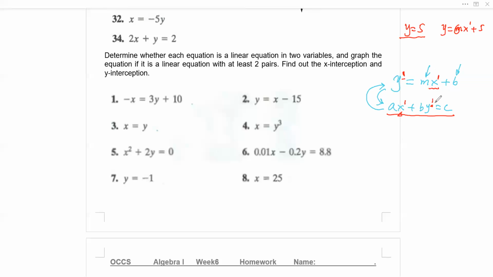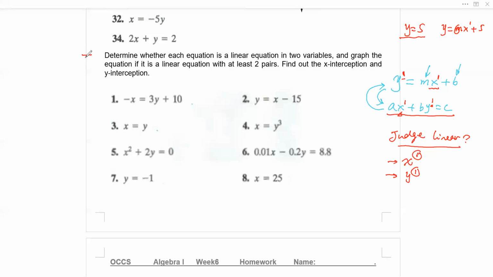So how do we judge whether this kind of expression is a linear line or not? The power of x should be 1 and the power of y should be 1. If they are different than 1, they are not a linear line.